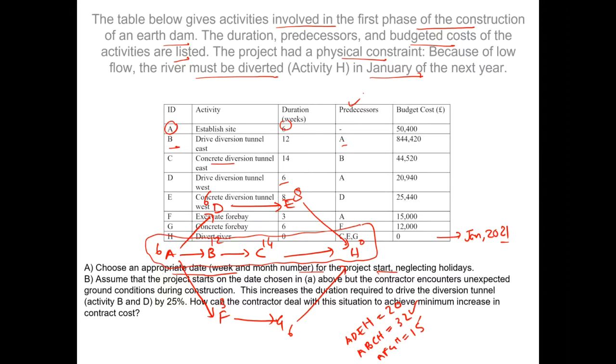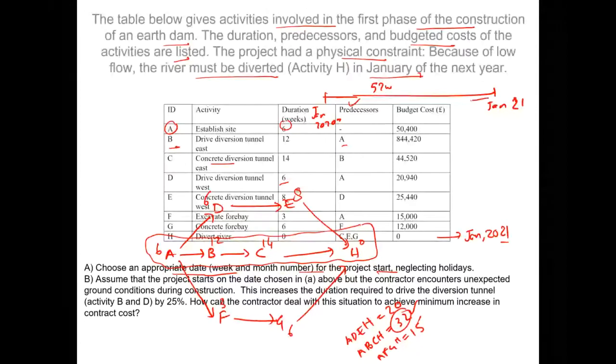If you draw a timeline, we know one of the milestones is January. Let's assume this is January 2020 and this is January 2021, and we know that this project is going to take 32 weeks to complete, which is our critical path, and we know in total there are 52 weeks in a year, right?